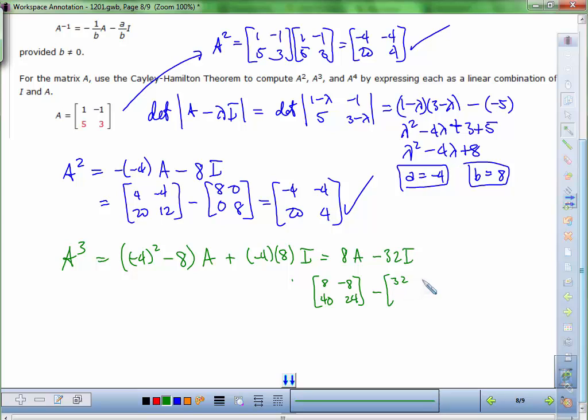Minus 32 I. So we've got 8 minus 32 is negative 24, minus 8, 40, and negative 8. So that's A cubed. Okay?